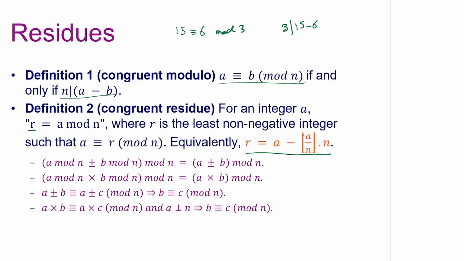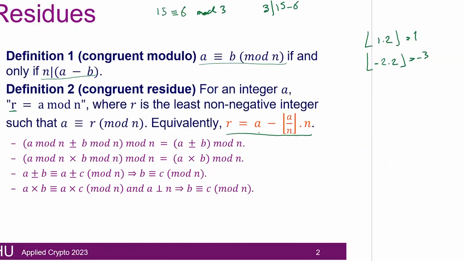For those who forgot the floor function, for example, if I pass 1.2, the floor function would just return 1. And if I give minus 2.2, then this function would return minus 3, right?